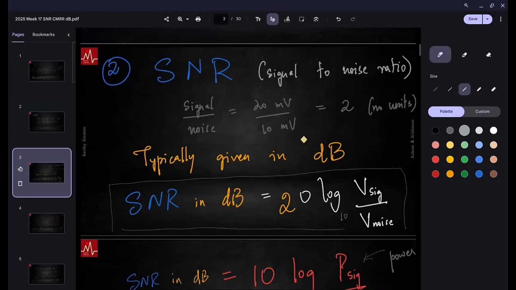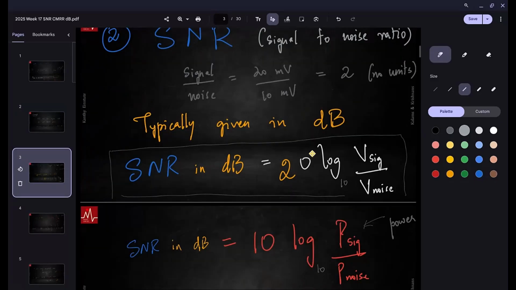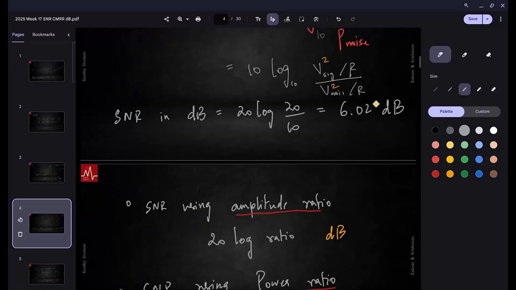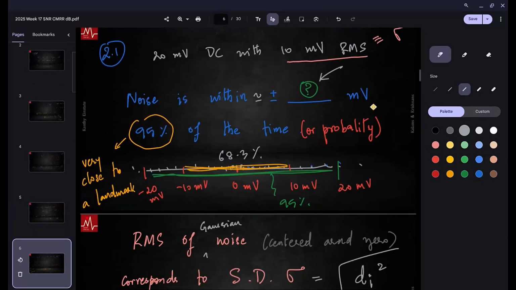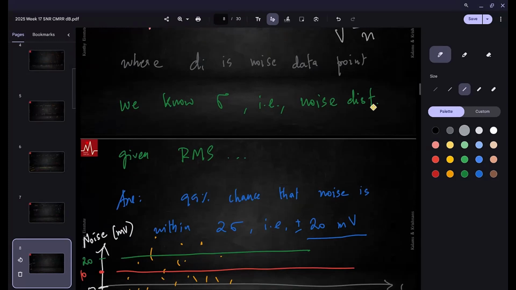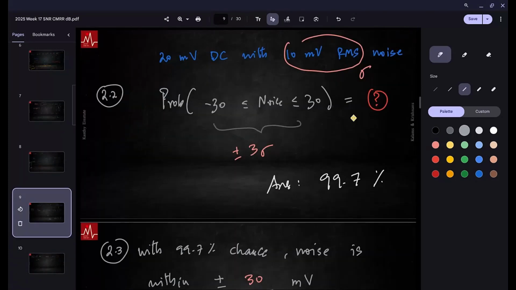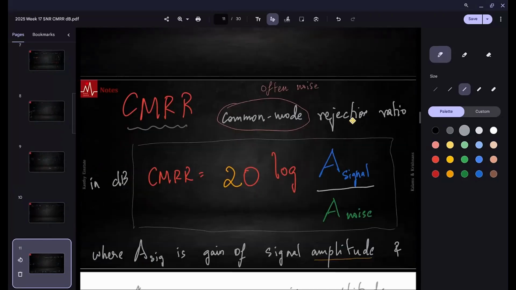You can quantify SNR, typically in dB. It is 10 log of the power ratio. If voltage or current is given, it is 20 log of the voltage ratio or current ratio.